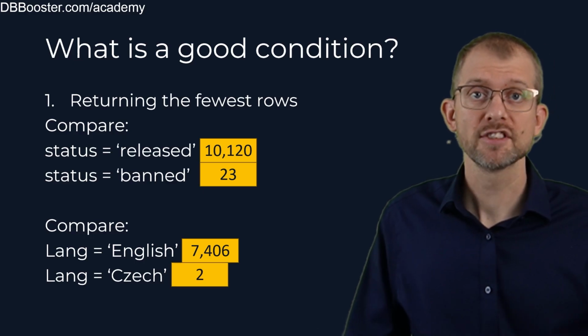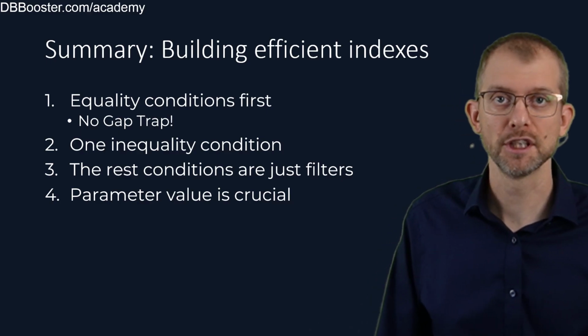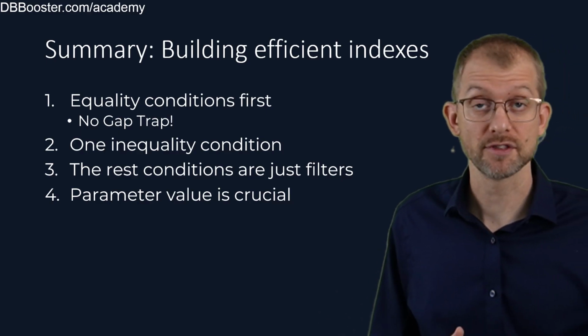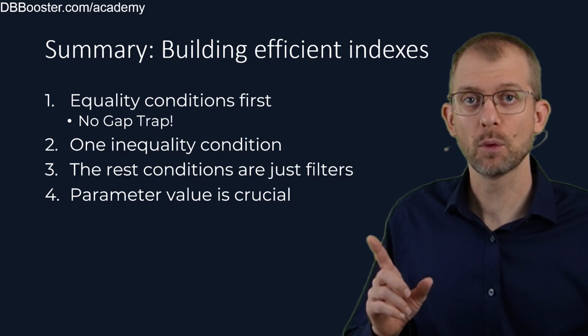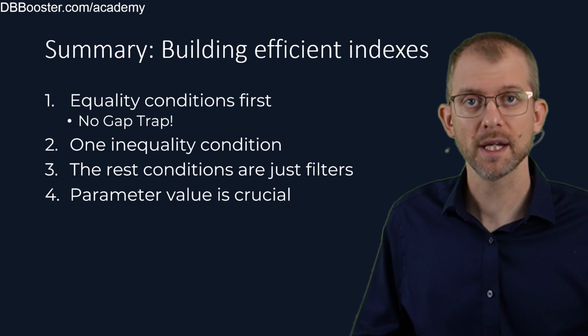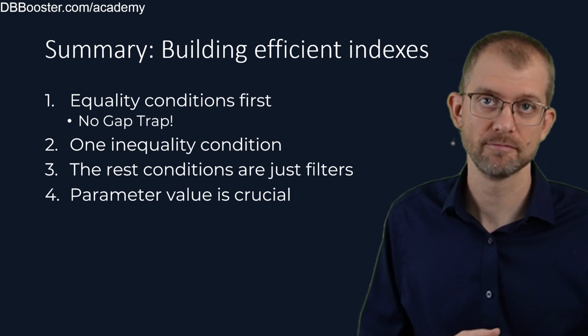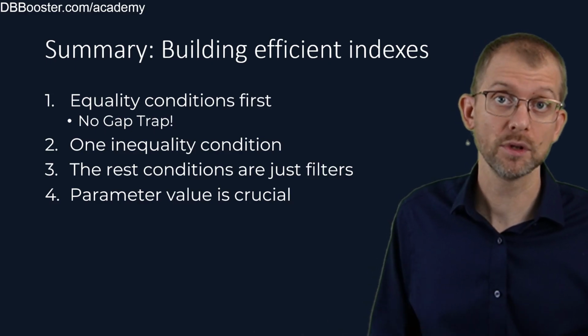So, let's summarize what we learned about building efficient conditions and indexes. Equality conditions come first. Check the gap trap. One inequality condition following the equality conditions can help us reduce the search space. The rest are just filters, though filters are still important.